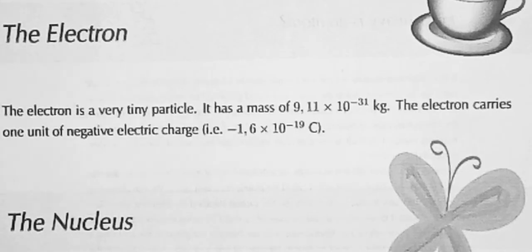It has a mass of 9.11 times 10 to the power of negative 31 kg. The electron carries 1 unit of negative electric charge, which is negative 1.6 times 10 to the power of negative 19 coulomb.